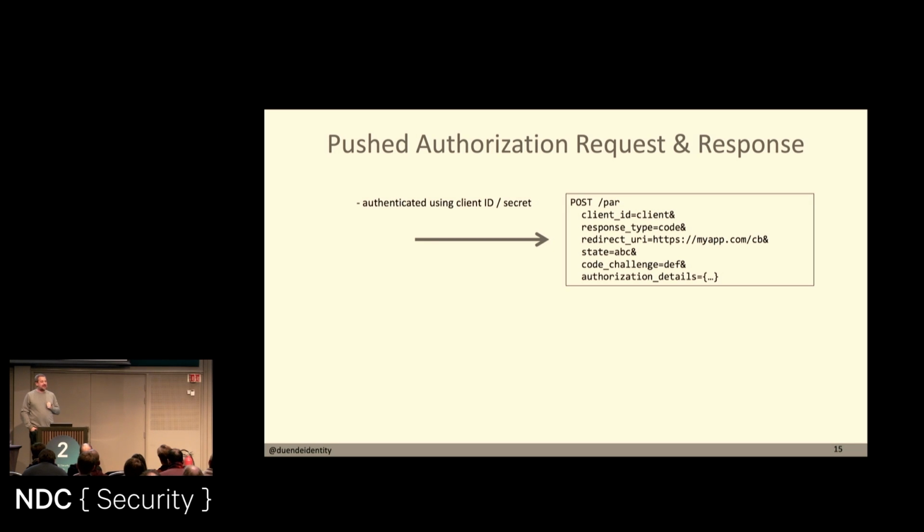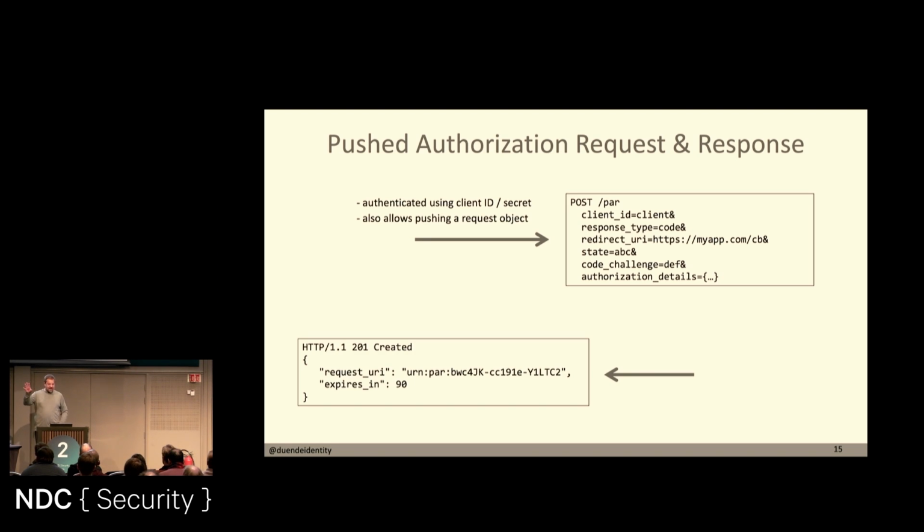We can authenticate the client before the authorize request. To be able to push those parameters to the server, the client needs to authenticate. So we know who the client is. Our validation logic becomes much simpler because we now have an authenticated client to check all of this against.